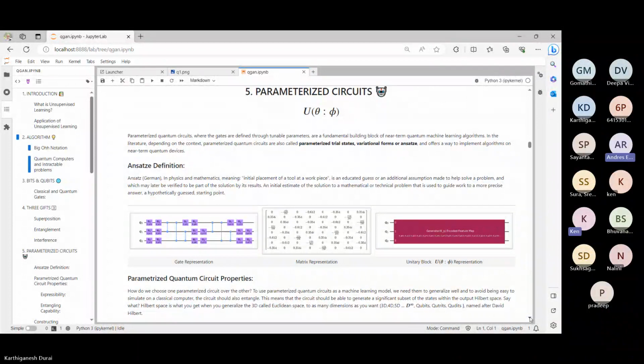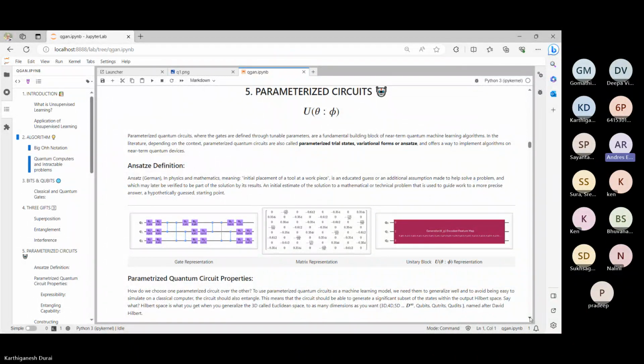The other form is the unitary block. Sometimes it's just easier to have everything in a unitary block to keep things simple. Most times, for simplicity, we'll go with the unitary block representation, but you could always go in and see what's inside it.